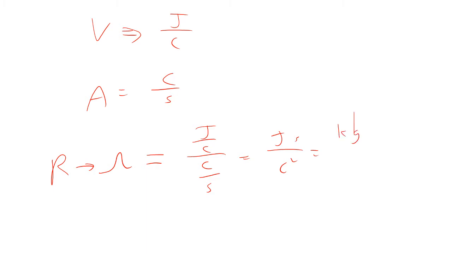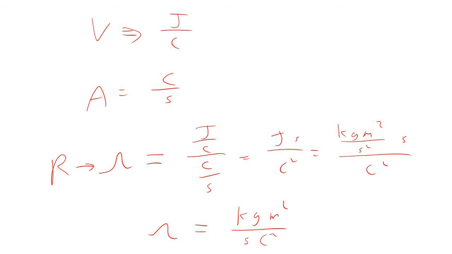A joule is a kilogram meter squared per second squared, times second over coulomb squared. So an ohm is a kilogram meter squared per second coulomb squared. Once again, I hate units with this physics 2 stuff because we end up with these confusing messes of units all over the place. When I was a student, I had to keep a little sheet of paper to keep track of all the units.